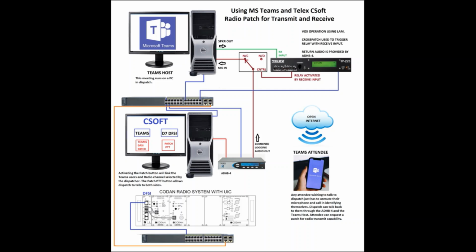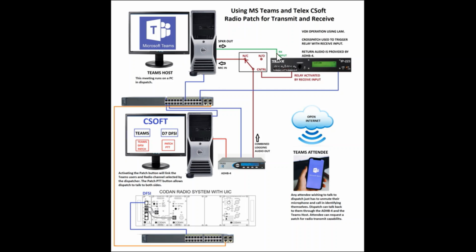If you're a Teams attendee, when your voice goes into your device here, it'll come out on the Teams host on the speaker out, and I'm using that audio, the audio out from the Teams host, and I'm using a Vox operated IP223.